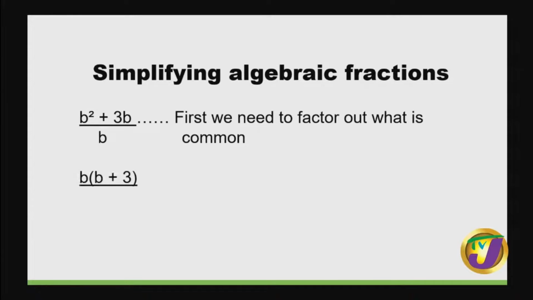So if we factorize b, we divide b squared by b, we have b left. And if we divide 3b by b, we have 3 left. And then, of course, you will have to replace your denominator. So we factor that out. Now, what can we do? Just like any other fraction, we can also divide something in the numerator.